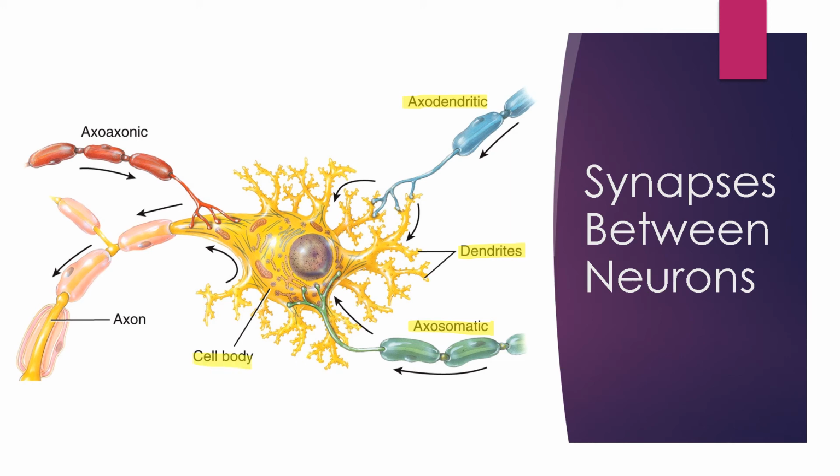Or there are a couple of others that are axo-axonic, where the axon goes directly to the axon of another neuron. In addition to these physical differences, the synapses can either be electrical or chemical. So there are lots of different classifications we could have here.